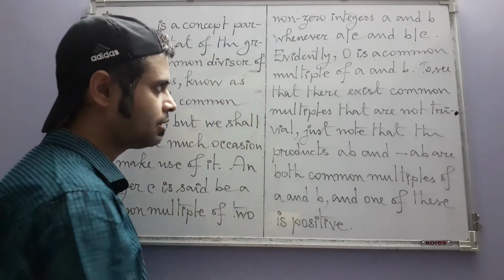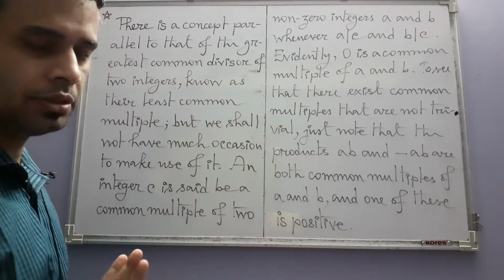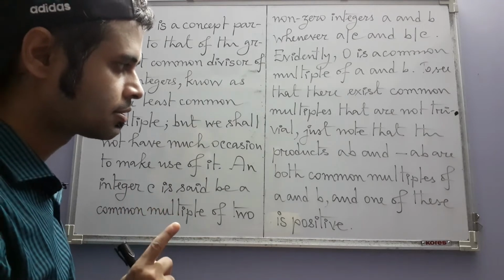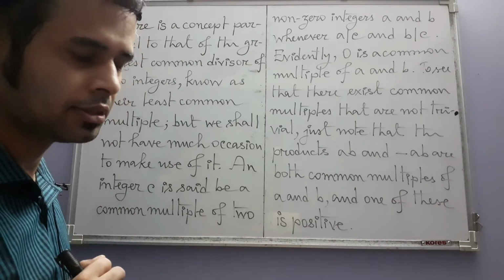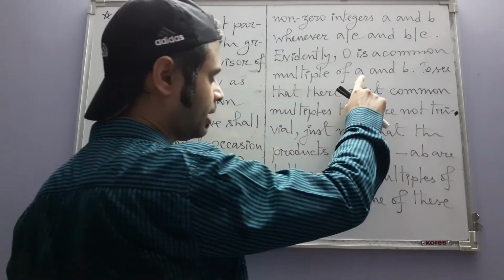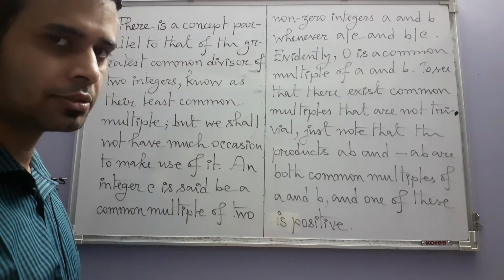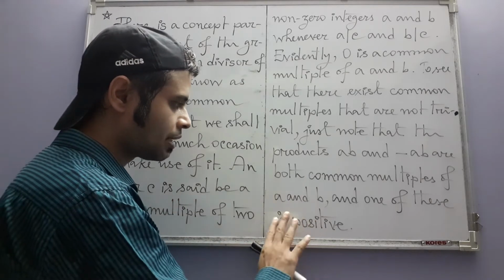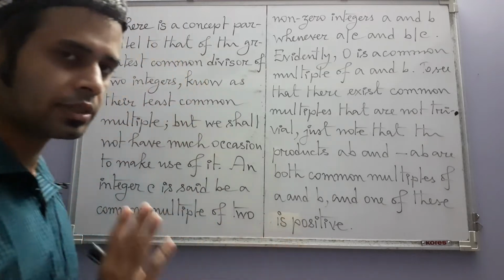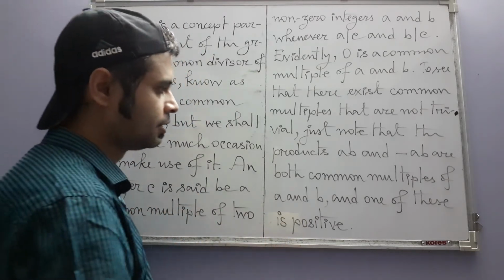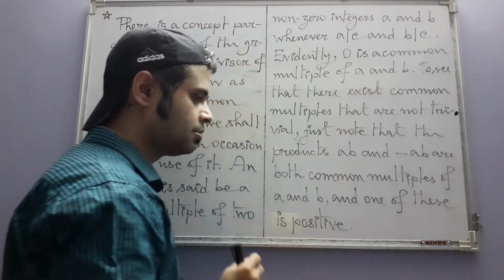So that means we see that if we start with two non-zero integers, A and B, then there exists at least one common multiple of A and B, which is a positive integer. Note one more thing, that A and B themselves need not be positive. In fact, both of them may be negative also. But since we are considering positive common multiple, at least one of them exists. That much we know. So that means the set of all positive common multiples of A and B is non-empty.